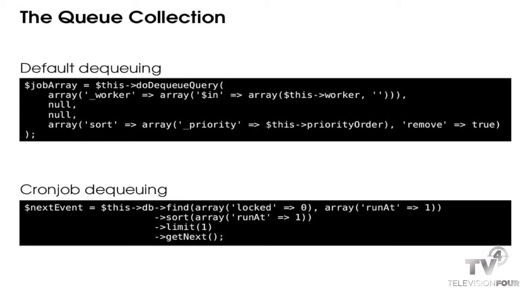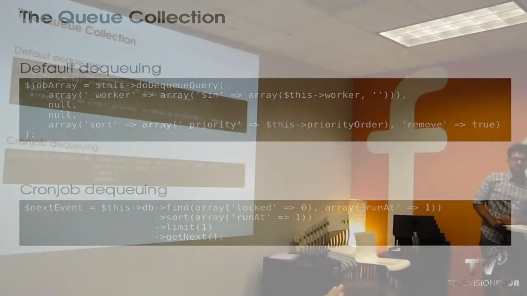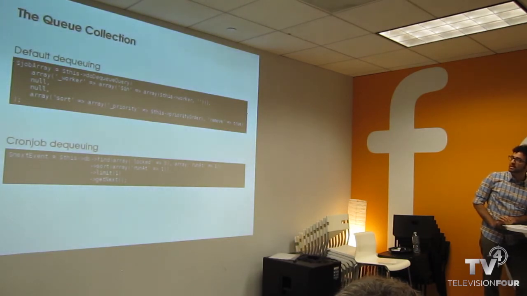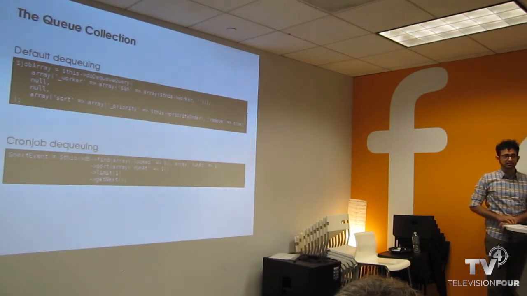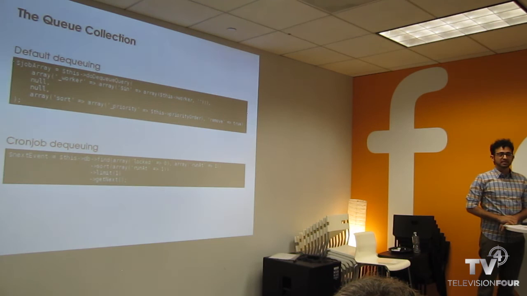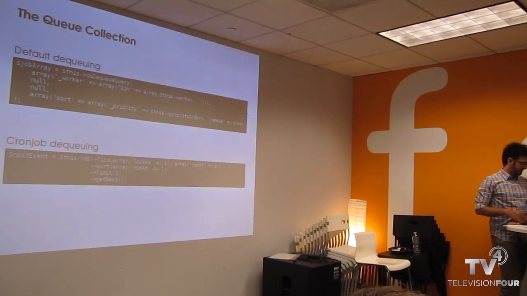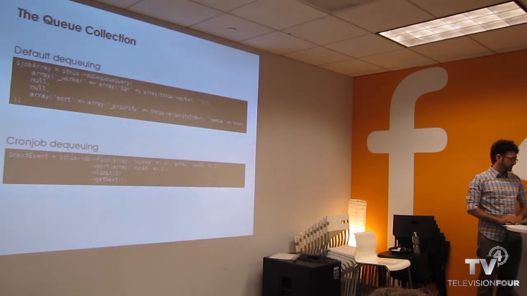And it also, by default, will remove the object from there. And it uses find and modify, which is really important. It prevents other processes from getting the same job at the same time. I love that method.